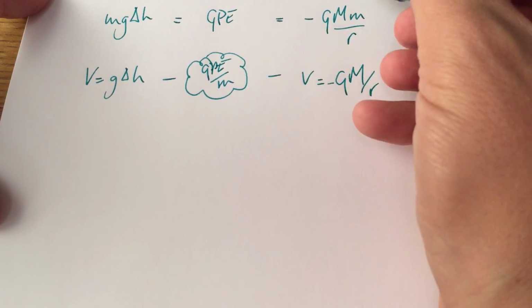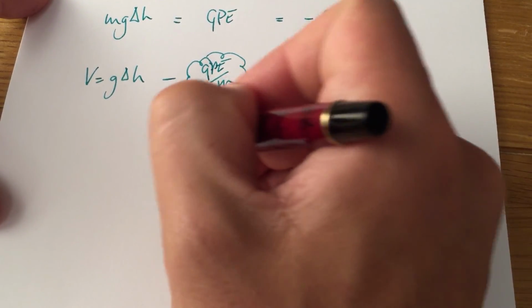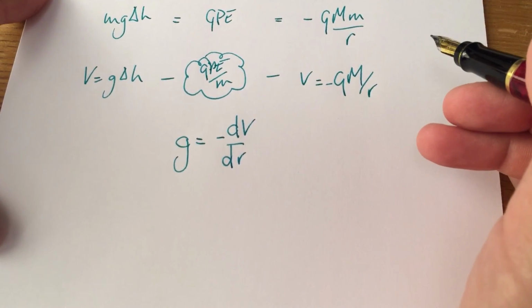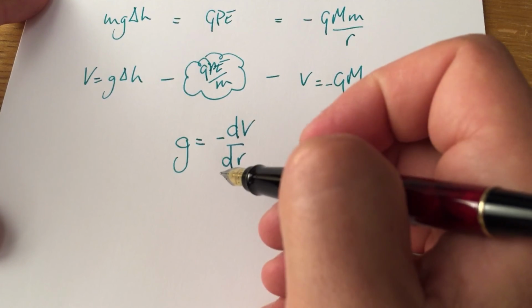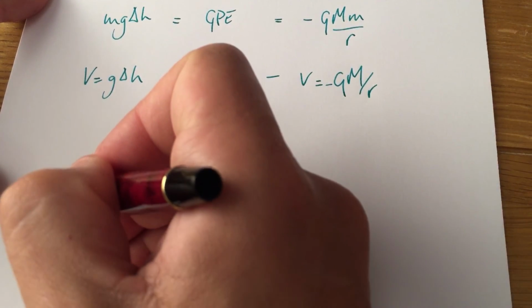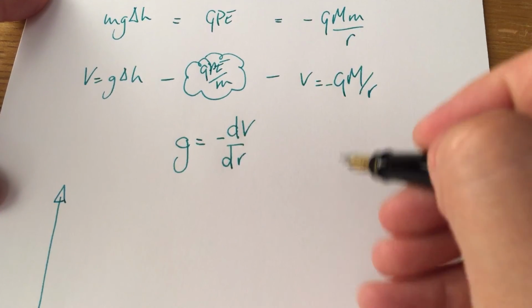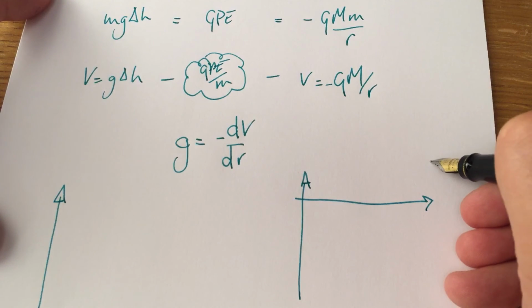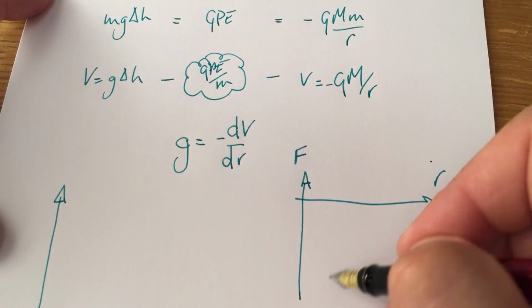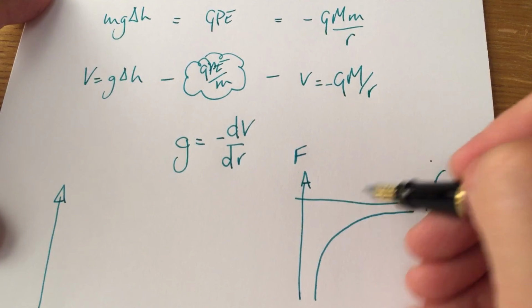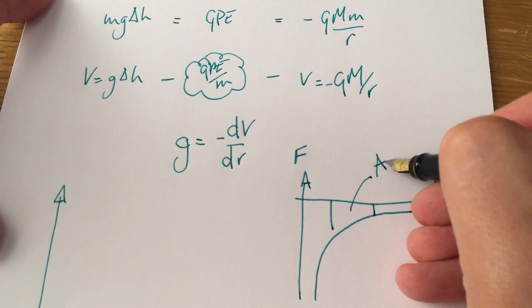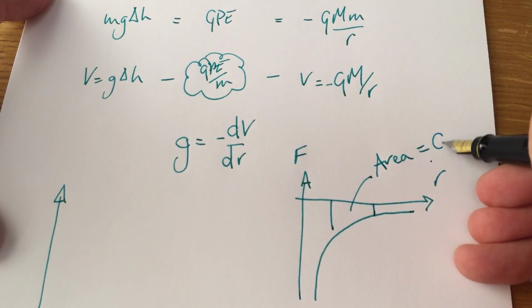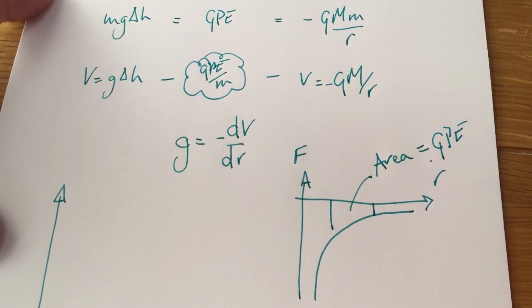We should also make the reference that g is minus the rate of change of potential with distance. And that will probably get us to start drawing some graphs. Let me go on this side first. The force with respect to r changes as 1 over r squared, and the area here is going to be equal to force times the distance, which is the gravitational potential energy.